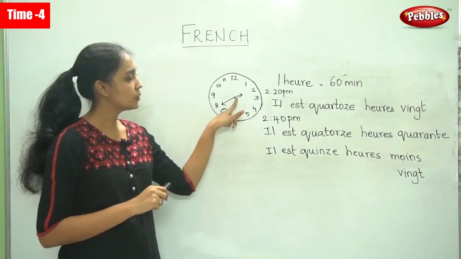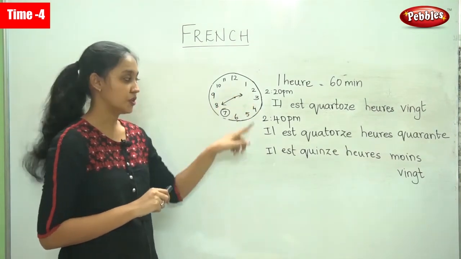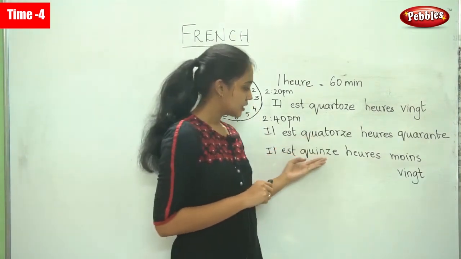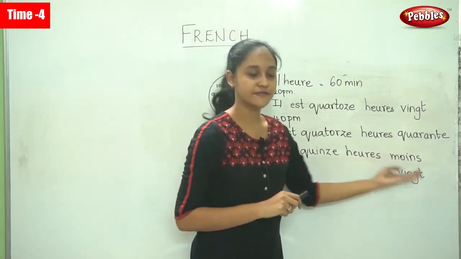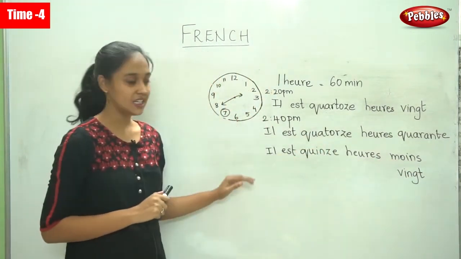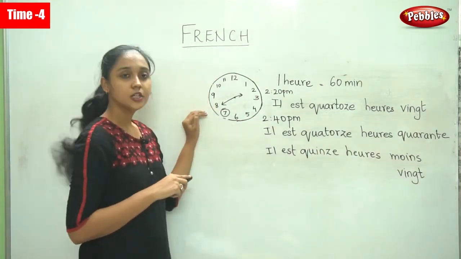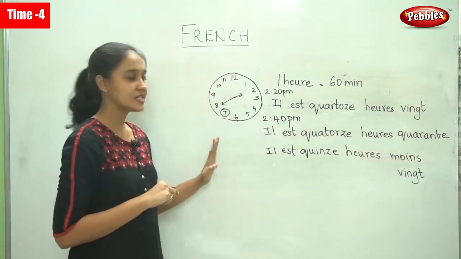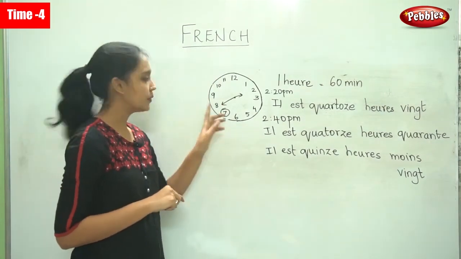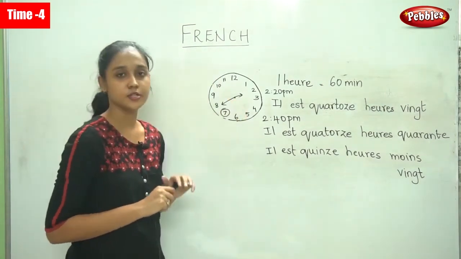So 2:40 would be 20 minutes to 3: il est 15 moins 20, minus 20. 15 hours minus 20. So using this, you will be able to say the time when the hand is in any of the positions.